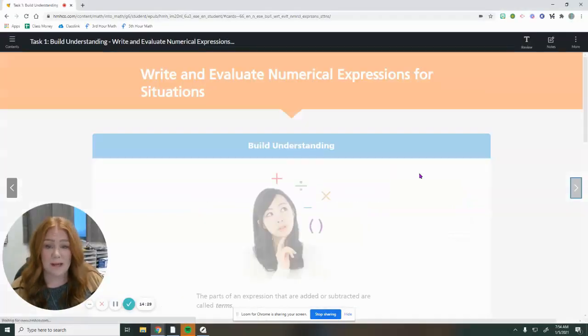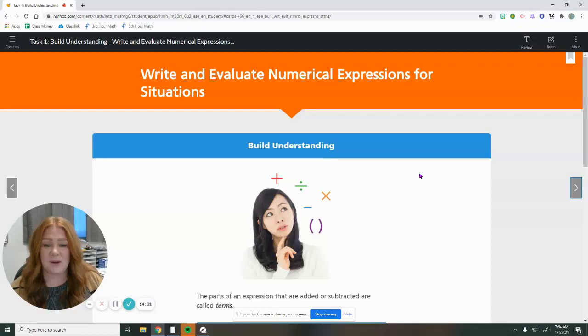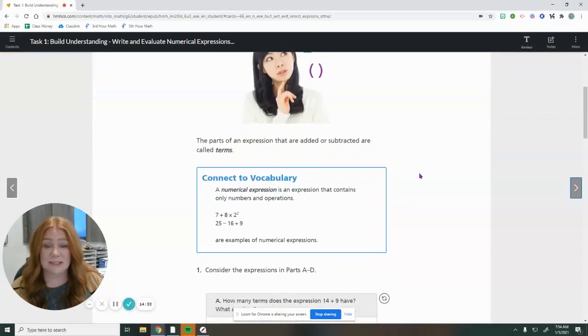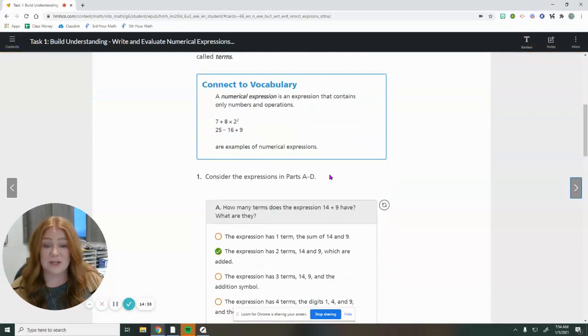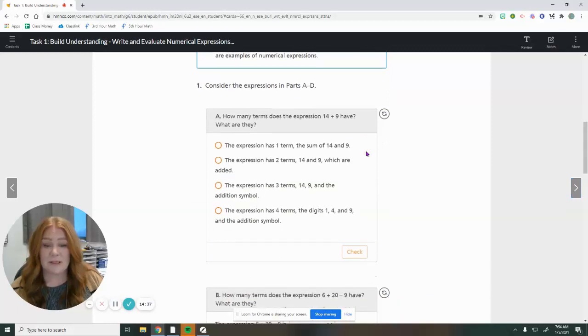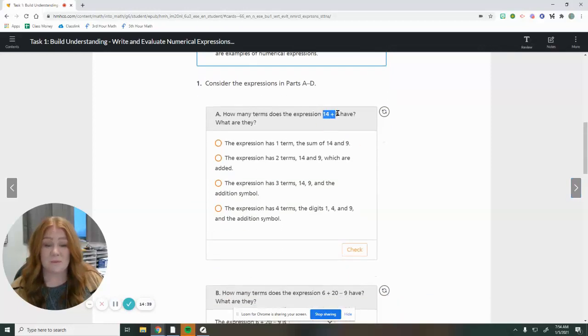Task 1 just went over those same vocabulary words that we did, so those numerical expressions. And then you are going to go through and read the expression. If you need to, write it down and circle how many add or subtract signs it has, look for the parts. So if we did this first one together, we would circle the plus sign, look for the parts on either side, tell me what they are, how did they get there?